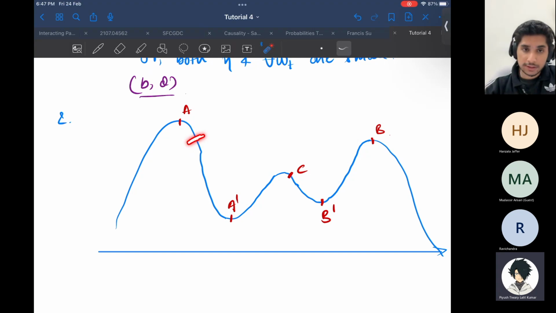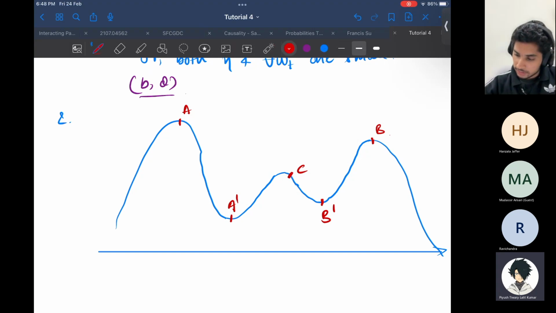So if this is the point at which you are, you will move in this direction. A simple thing to do if you want to see where you would go is to keep that point, draw a tangent at that line, and see the direction of the tangent which decreases your value, which will be this direction. Since you are at point C here, you will go in this direction. I hope that is clear.